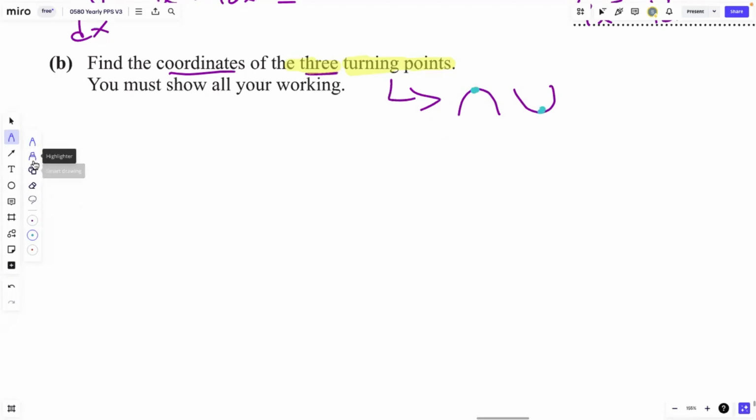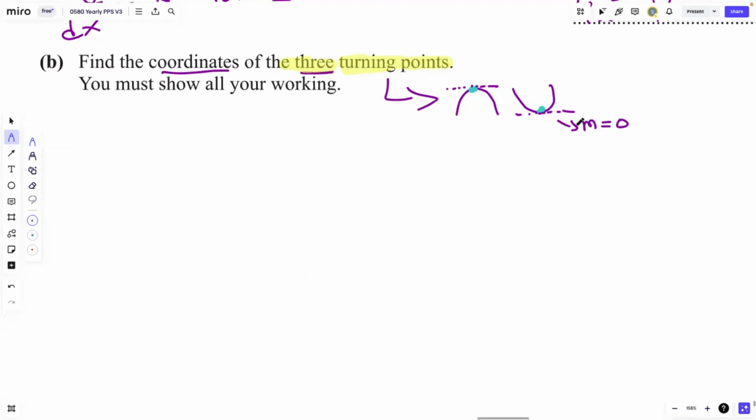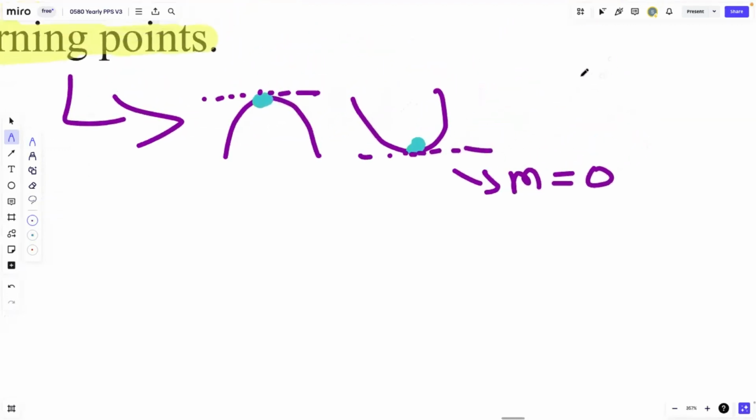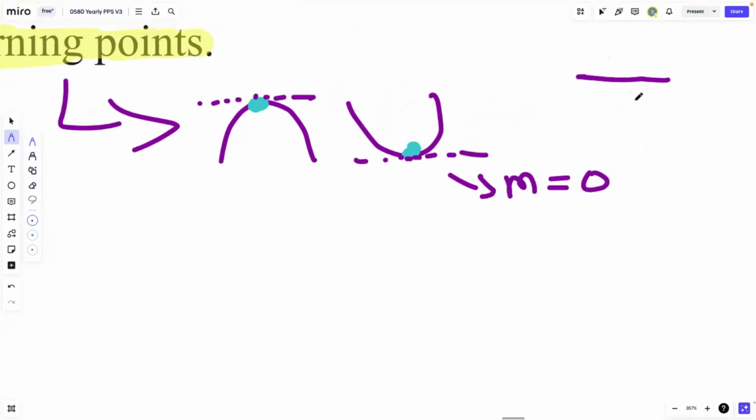If you draw a tangent here, you'd notice your tangent is completely horizontal. So the gradient of the tangent would be zero, because horizontal lines have m equals zero. So tangent gradients are zero at the turning points.